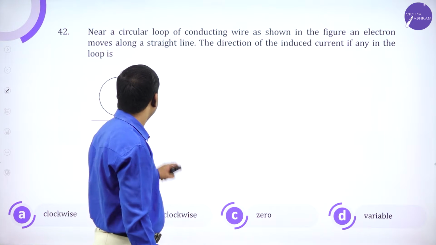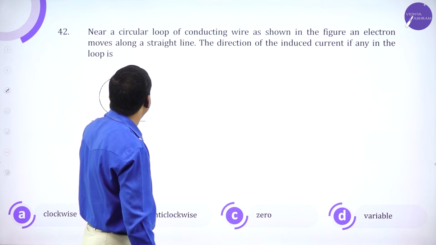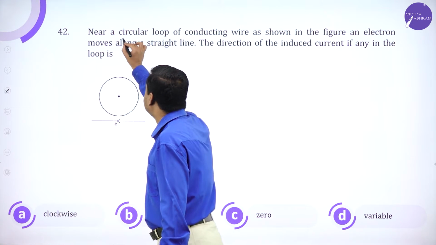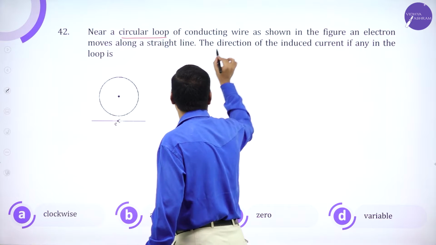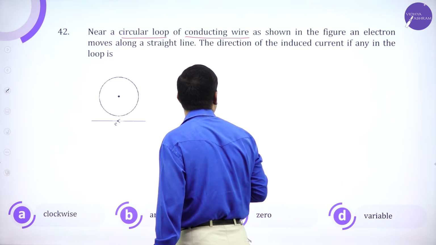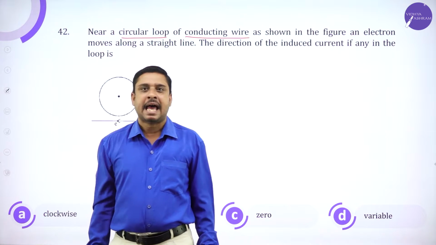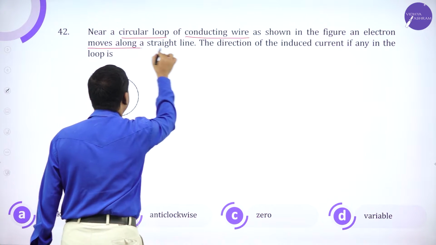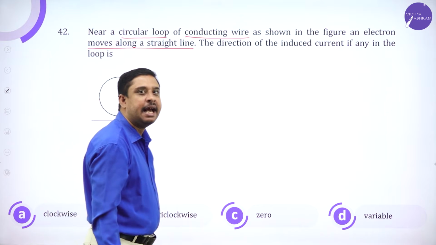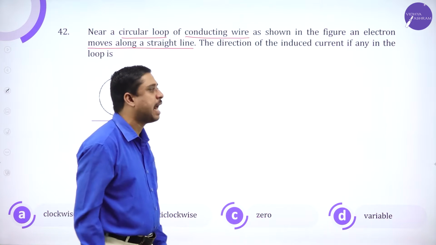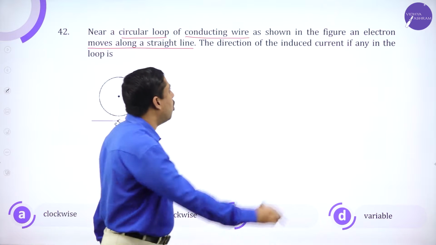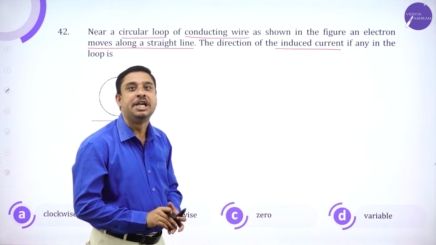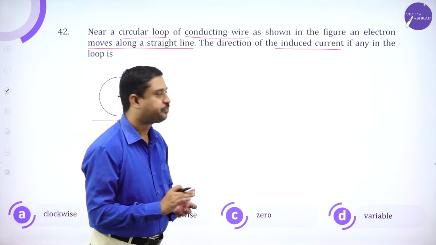Now, near a circular loop, there is a circular loop of conducting wire as shown. The electron is moving along a straight line. Then what will be the direction of the induced current?